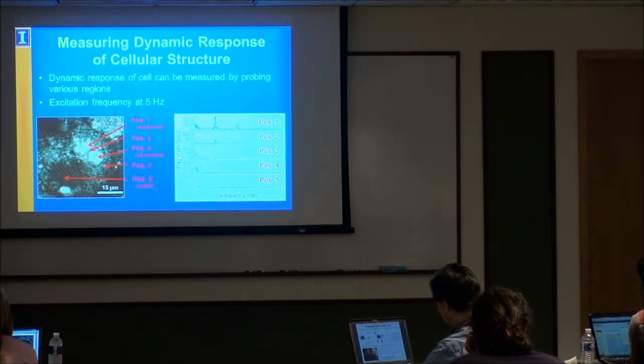And then we looked at, with a 5 hertz excitation frequency, the frequency spectrum. At position 1, over the nanobeads, we saw very distinct signals at 5 hertz. And we saw, of course, harmonics as well. As we went further away from that position, that signal fell off. And over here in position 4, or even outside the cell, we didn't see any signal.